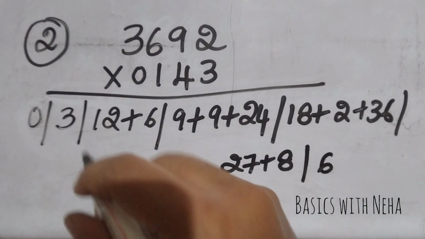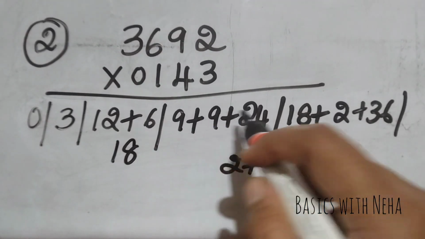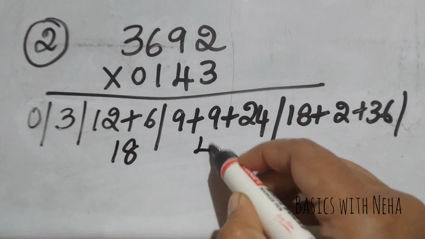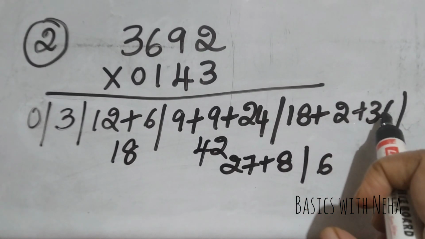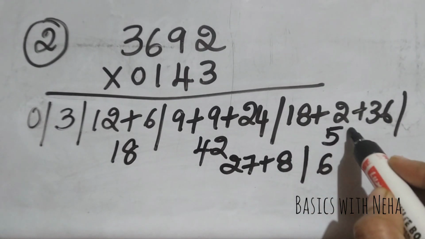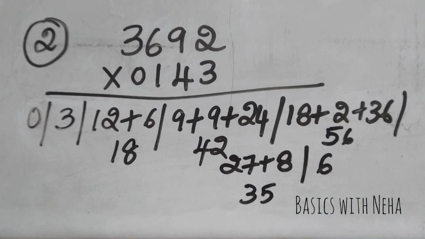Now let's add everything. 12 plus 6 will be 18, 9 9 18, 18 plus 24 will be 42, 18 20 it will be 56, 27 35 and 6.